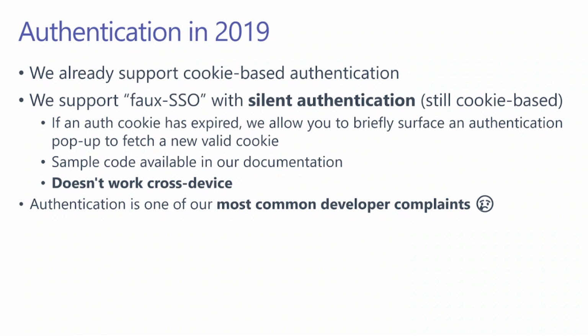That should be pretty familiar for anyone who does any kind of web development. Then there's token-based authentication. Now, single sign-on is token-based authentication, but what we had before, and what we still have today, is cookie-based authentication. So cookie-based authentication is great. It's easy to get started because you've probably done some type of cookie-based auth before.